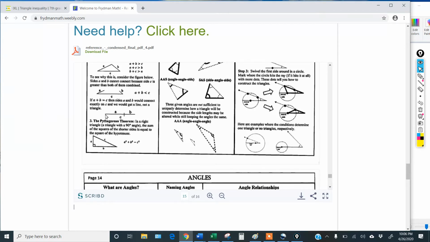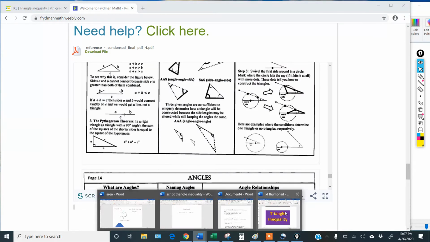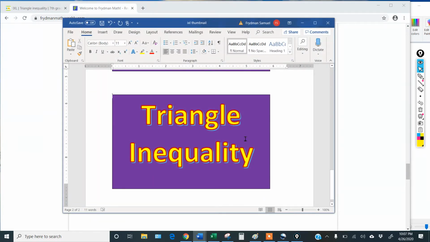So in this case, A is less than C and B is less than C independently, but A plus B is exactly equal to C. Still, we're not able to make a triangle because they connect exactly along C, so we don't get a triangle, we get a straight line. So with that in mind, and again, please watch that video called Triangle Inequality. It's only a few minutes long, and it explains all of that, I think, a little bit better than I did just now.